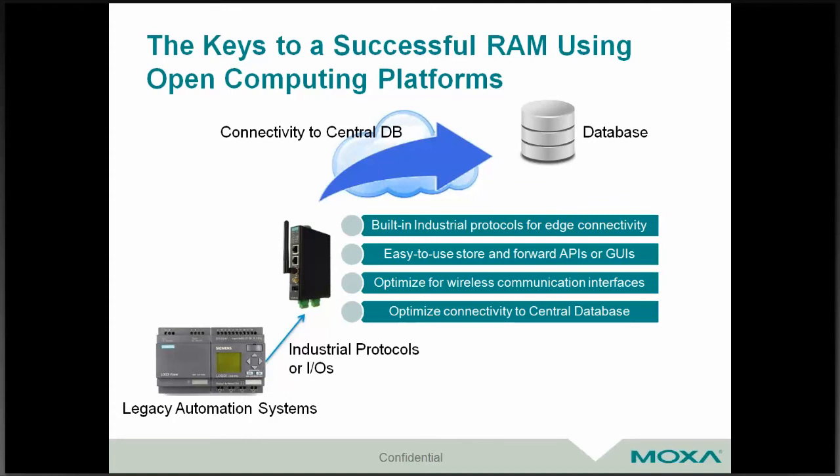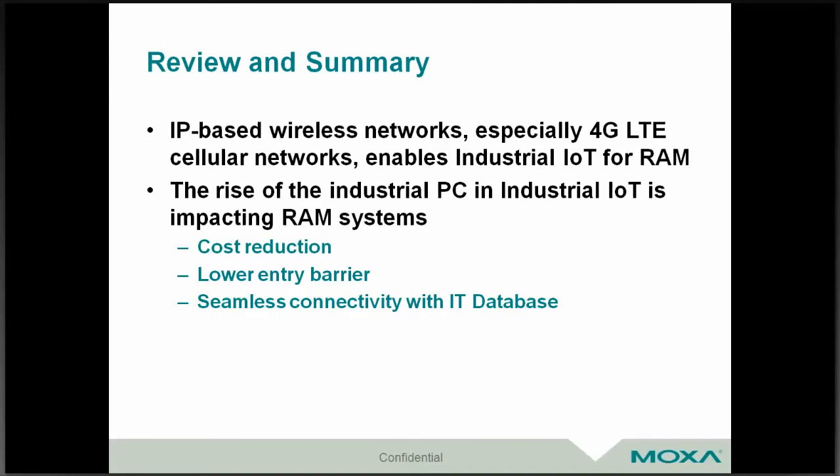So in a summary and review, to enable a remote asset management network for industrial IoT, we think cellular network, especially 4G LTE, is going to be the future trend because the infrastructure is readily available. It's much easier to implement.